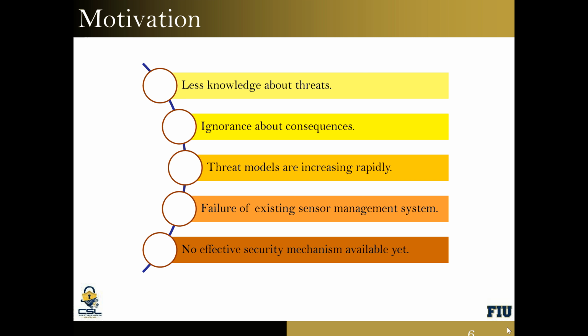Users are ignorant about the consequences of these sensor-based attacks. The threat models are increasing rapidly. The existing sensor management systems of smart devices cannot protect the device from this kind of attack right now, and there is no effective security mechanism available yet.